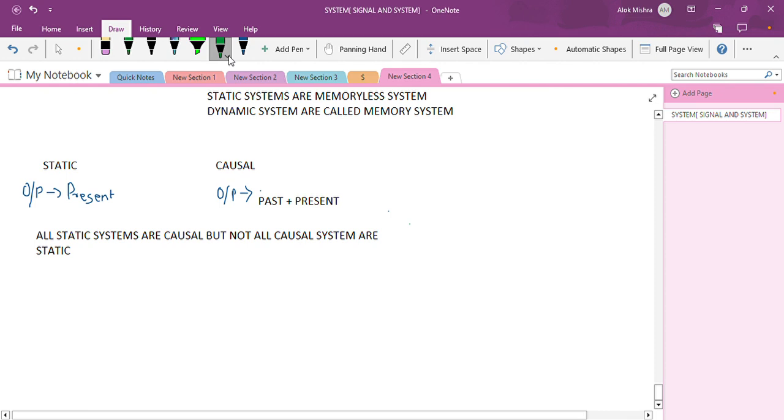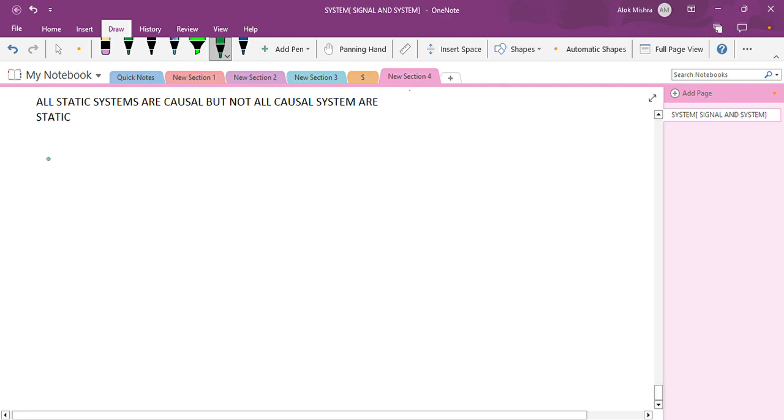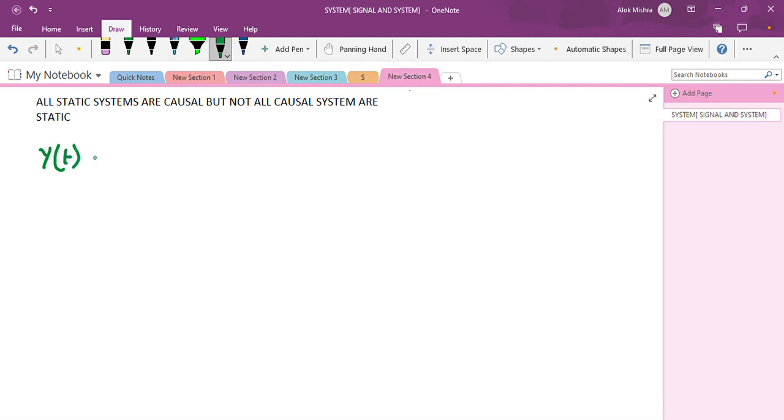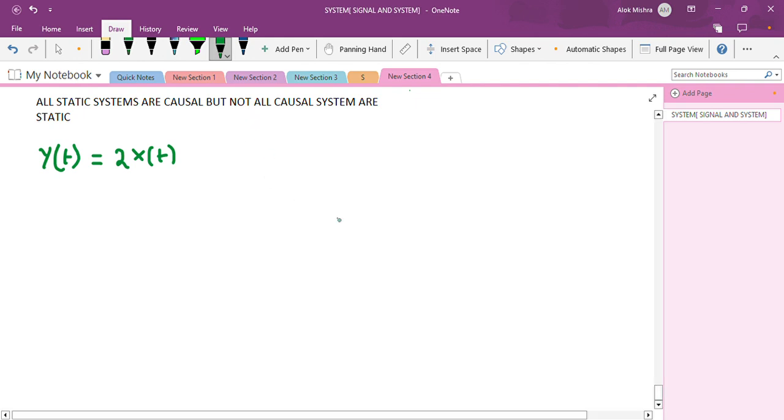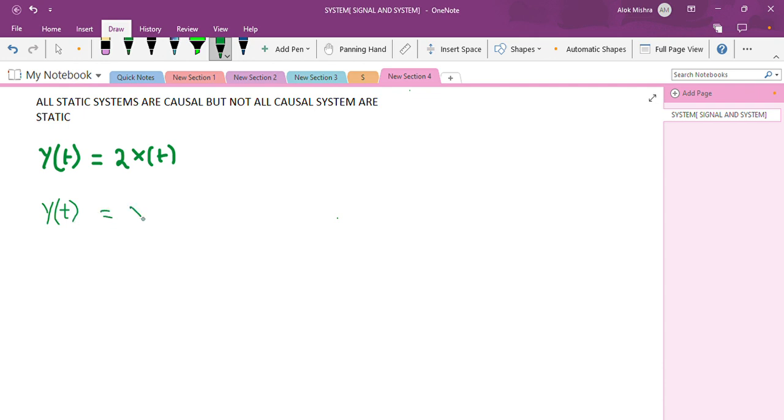For example, I took a question: y of t is equal to twice of x of t. Tell me, is this a static system or dynamic system? Twice of x, static. Okay. y of t is equal to x of t minus 1.